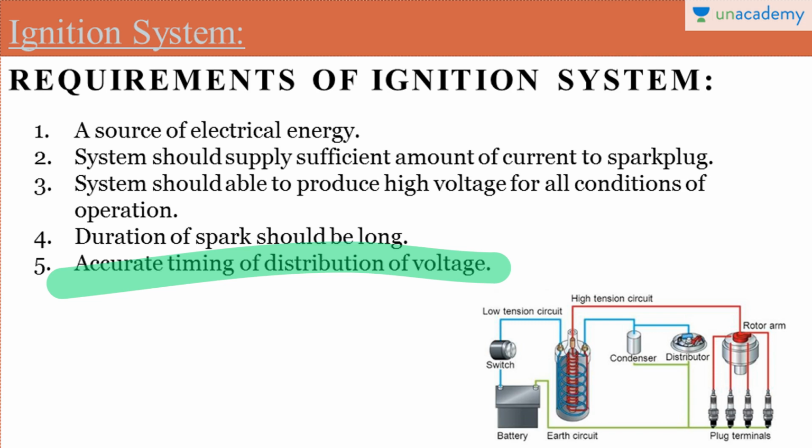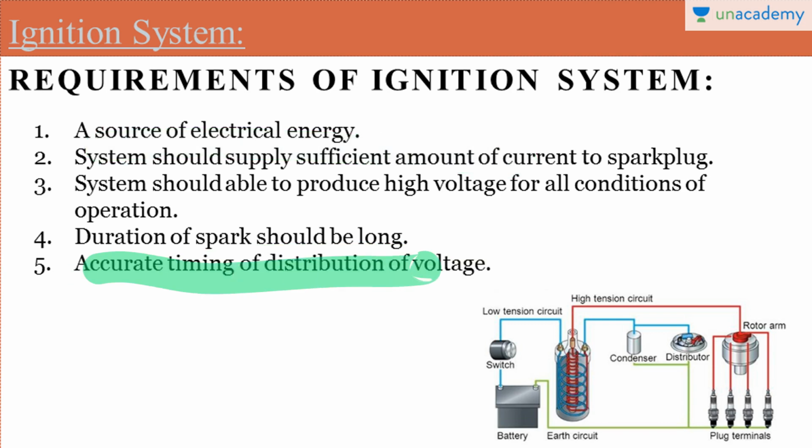So for that condition, the timing of the distribution of high voltage to the spark plugs should be exact, and for this particular condition there should be a proper distributing device situated in the ignition system. So these are the basic requirements of the ignition system.